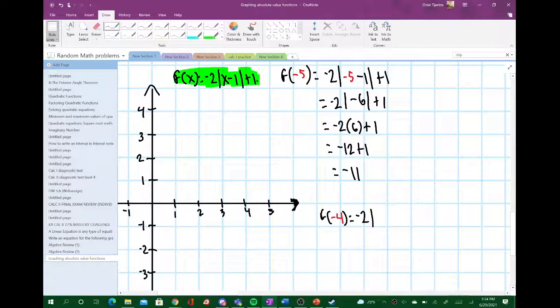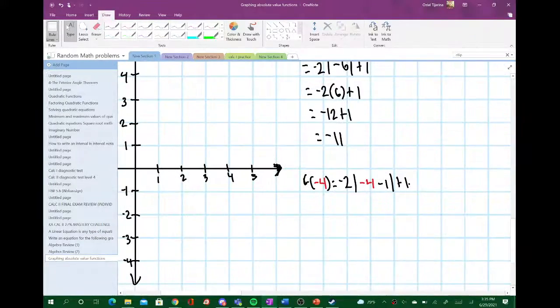I'm going to plug -4 in for x, so I'm going to say -2 times |-4 - 1| + 1, right? So I have -2 times the absolute value, and then I have -4 minus 1, that's -5, so I close my absolute value symbol, I put plus 1.